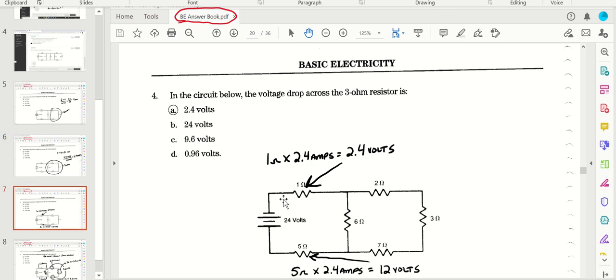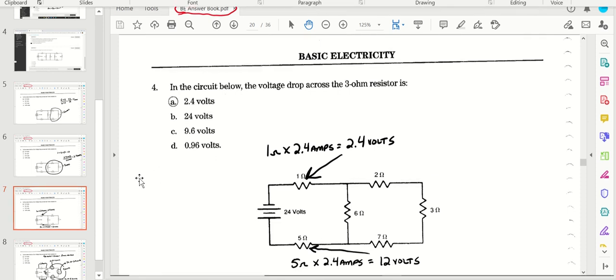Since we know that the amperage through this 1 ohm resistor is going to be 2.4 amps, we know that the voltage drop is going to be 2.4 volts. 1 ohm times 2.4 amps is 2.4 volts. And the 5 ohm resistor here with 2.4 amps flowing through it is going to create 12 volts of drop.